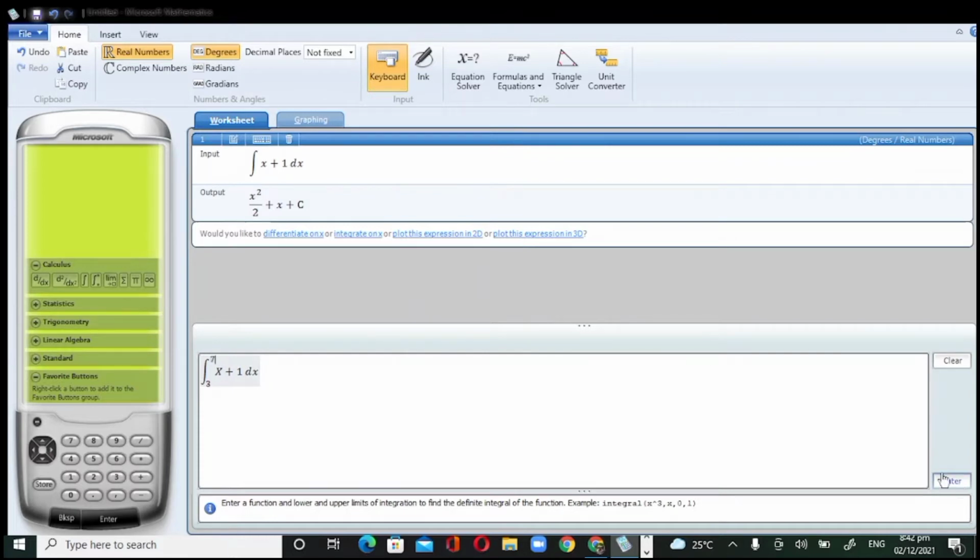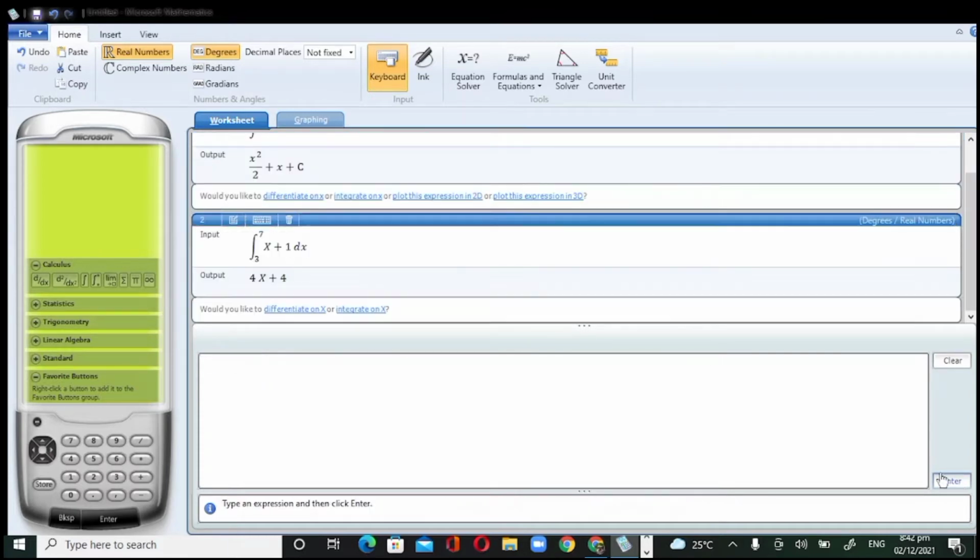Then press enter, and Microsoft Mathematics has solved the integral of x plus 1, lower limit 3, and upper limit 7.